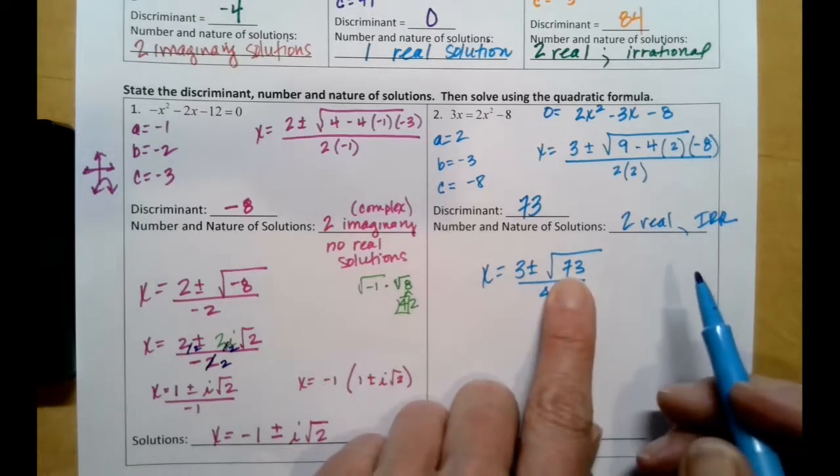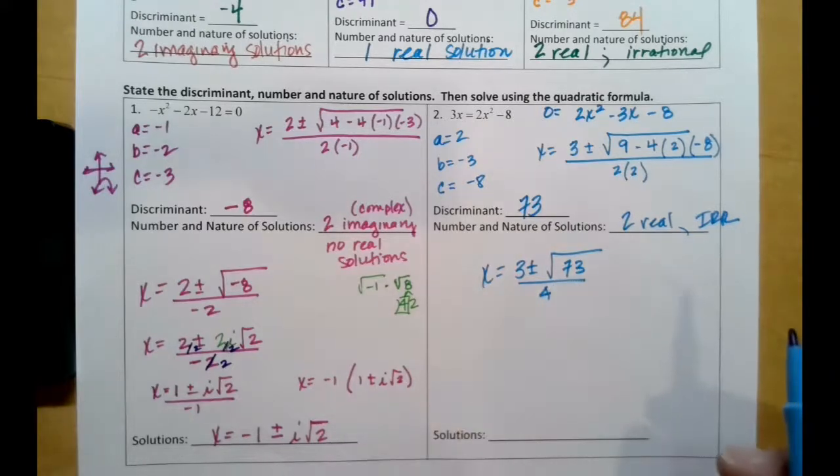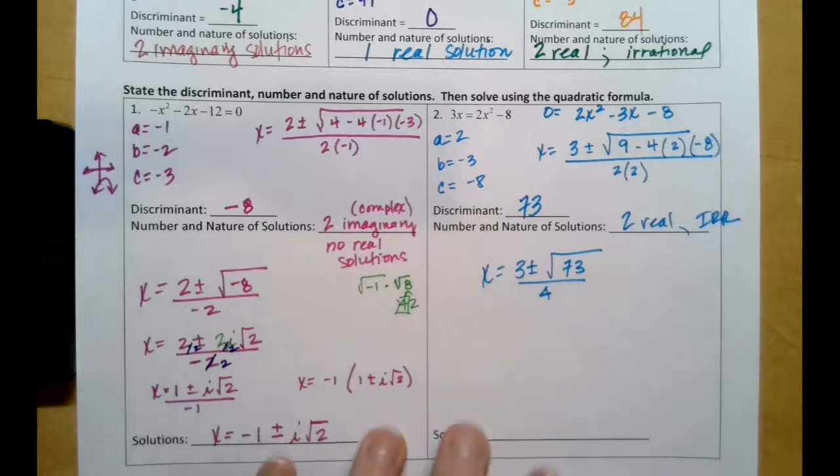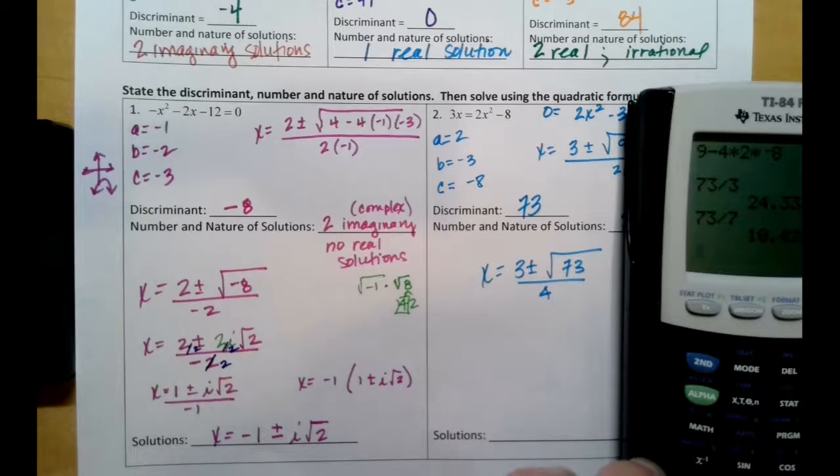73 doesn't break down. It's not divisible by 2, so it's not divisible by 4. If I wanted to play with 73, my only choice is a 3. Does 73 divide by 3? No. Does 73 divide by 7? No. That means not 6, not 9.